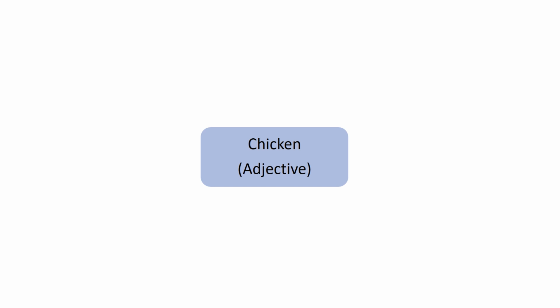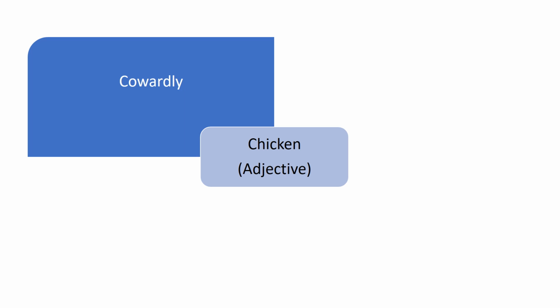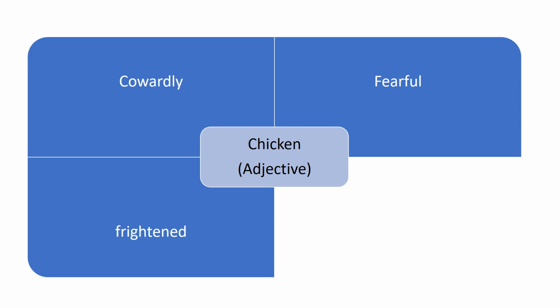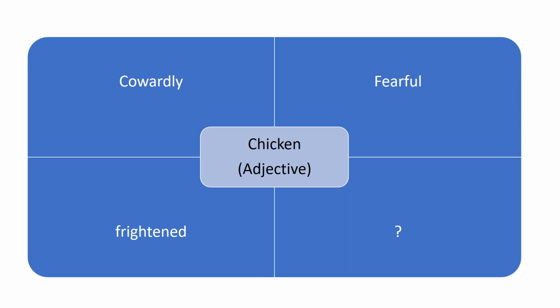It gives us a lot of different meanings. If I say this person is chicken, what does that mean? It means cowardly, it means fearful, it means frightened, it means a lot of other things. I could say this person chickened out, or this person is a chicken, or he's like a chicken, meaning fearful or cowardly or frightened.